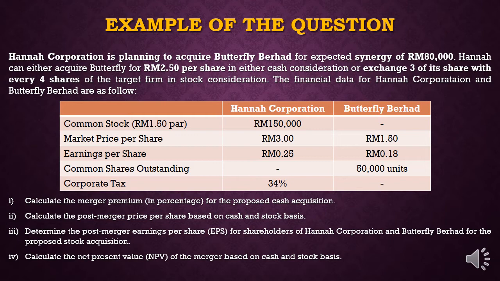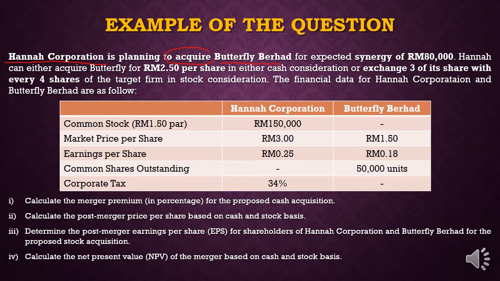How you can determine whether it is A or B company will be based on the statements given in the question. Based on the first statement, Hana Corporation is planning to acquire Butterfly Berhad. This means that Hana Company will take over the Butterfly Company.